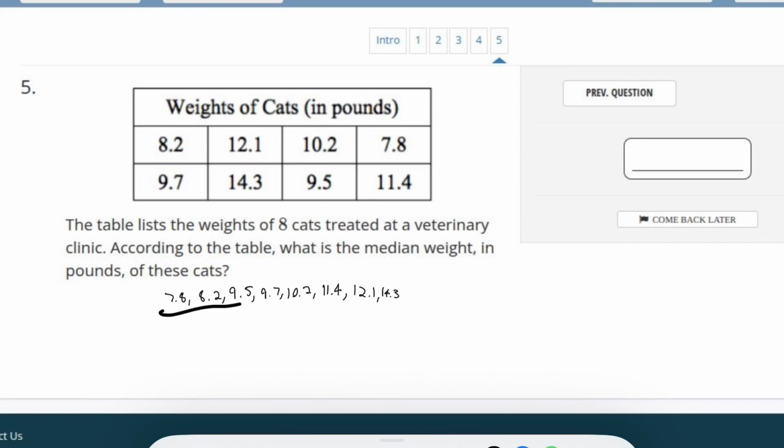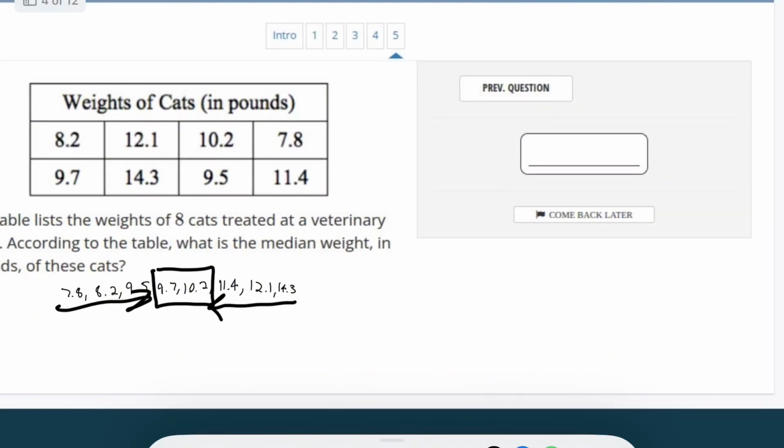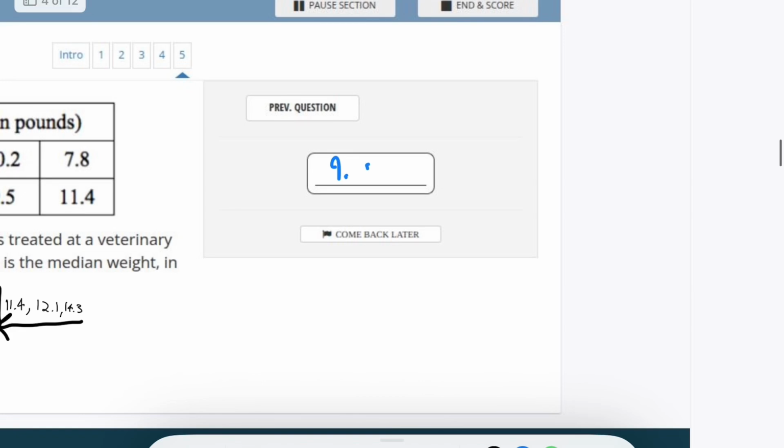If we look from this side, there's 3, and on this side there's 3, so the 2 in the middle are 9.7 and 10.2. So you would simply get the mean of those. 9.7 plus 10.2 is 19.9. Then you divide that by 2, which is 9.95. So our answer here is 9.95.